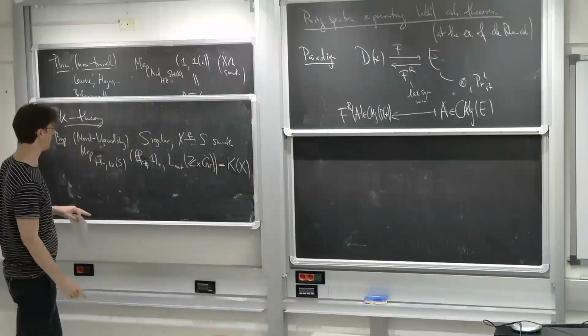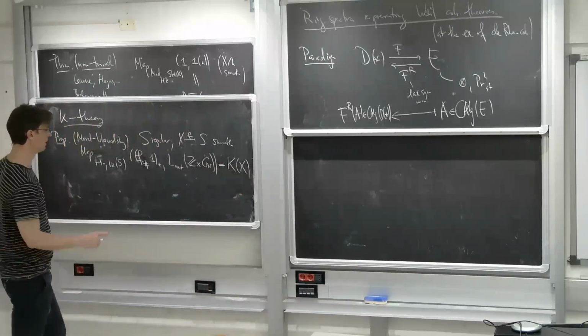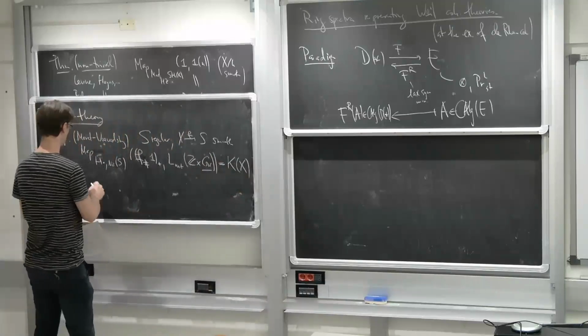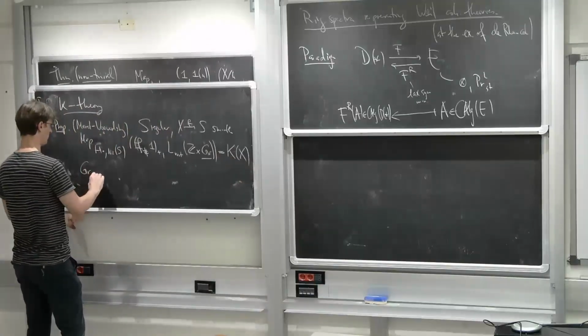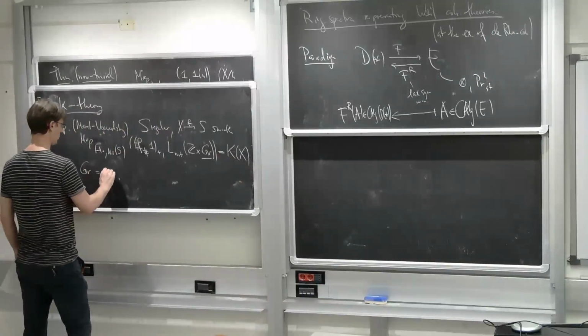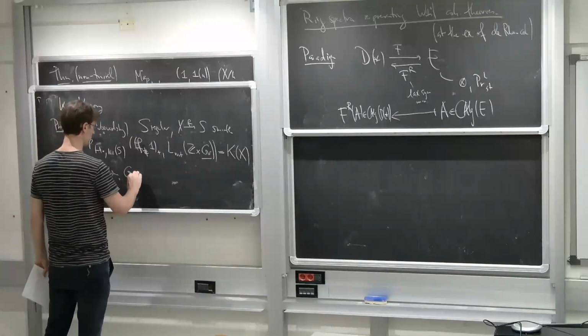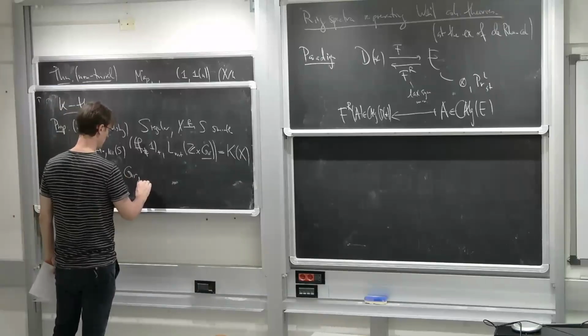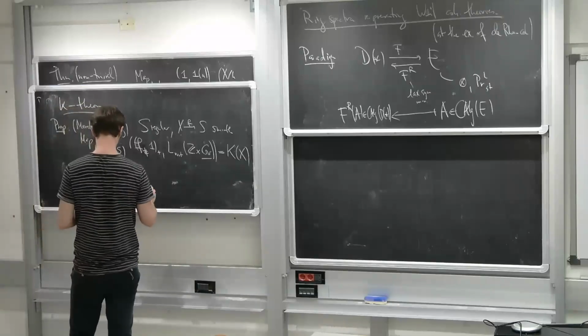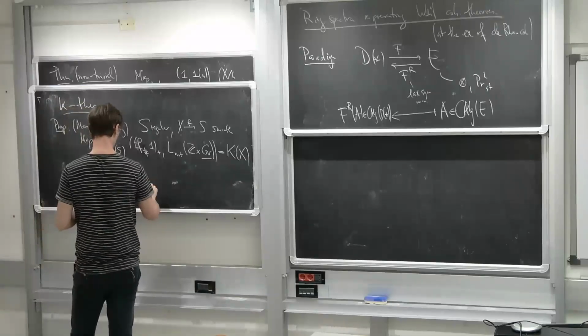So let me say what all these terms are. What is this Gr here? The Gr is the colimit over two variables, namely you take Gr_d and, let's say, R or something like this.